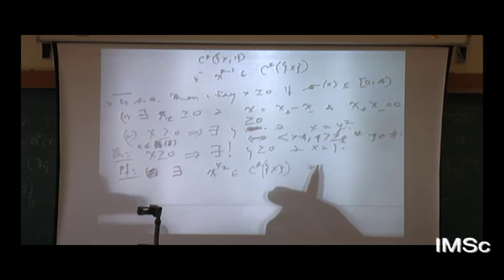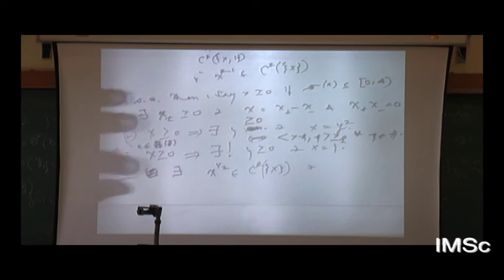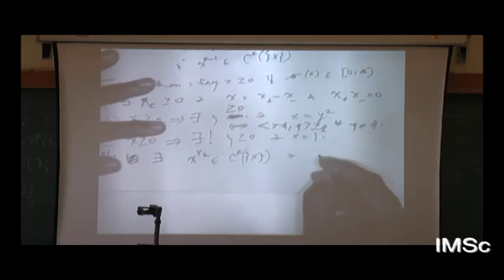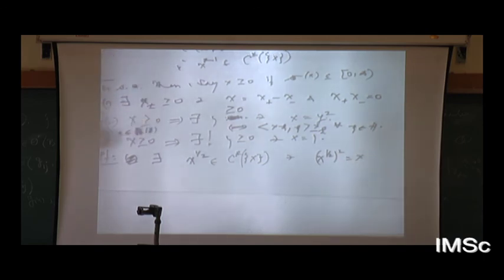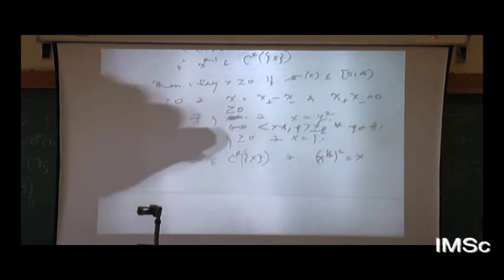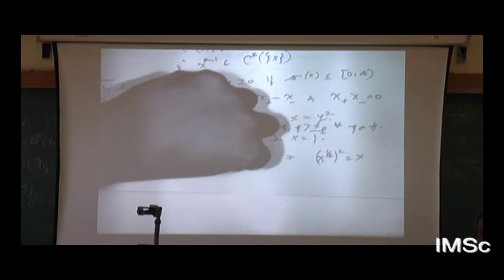Actually you don't even need 1 here. It is actually in C star of X because the square root function vanishes at 0, so you can approximate by polynomials vanishing at 0, such that X to the half squared is X. So there is a positive square root in this C star algebra itself.